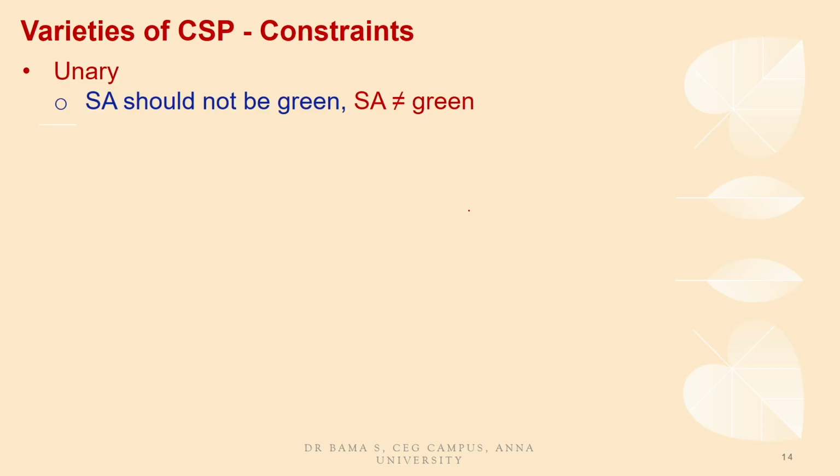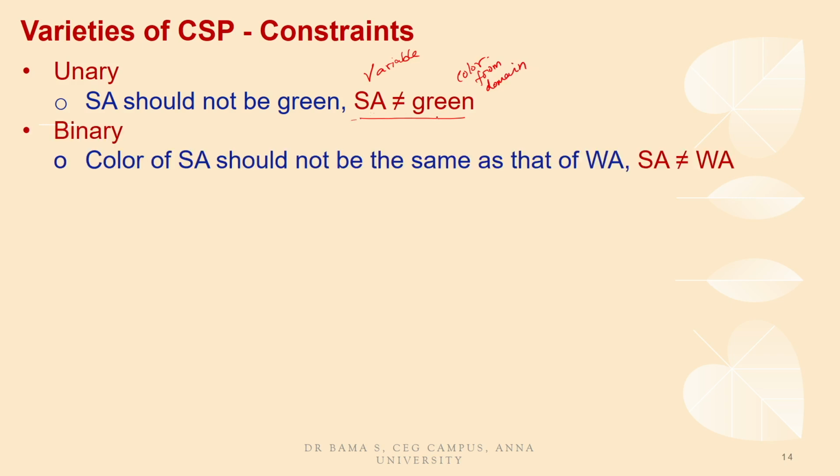Now, when we talk about the constraints, there are unary constraints. For example, if you take the Australian map, SA should not be green, that can be given as SA is, this is the variable, remember, and this is going to be a color from the domain. This is an example of a unary constraint. A binary constraint is between two variables, both are variables.